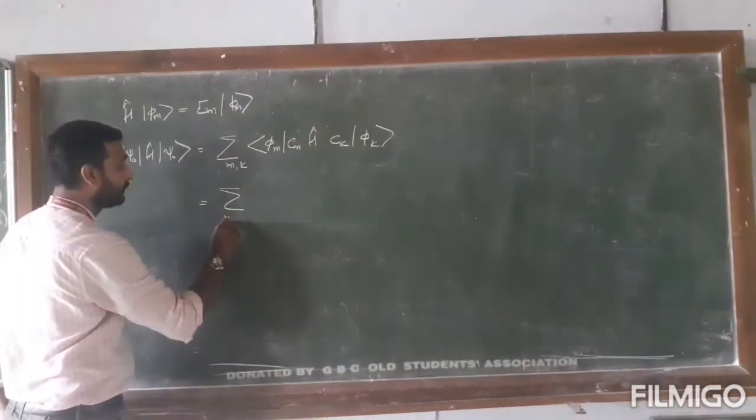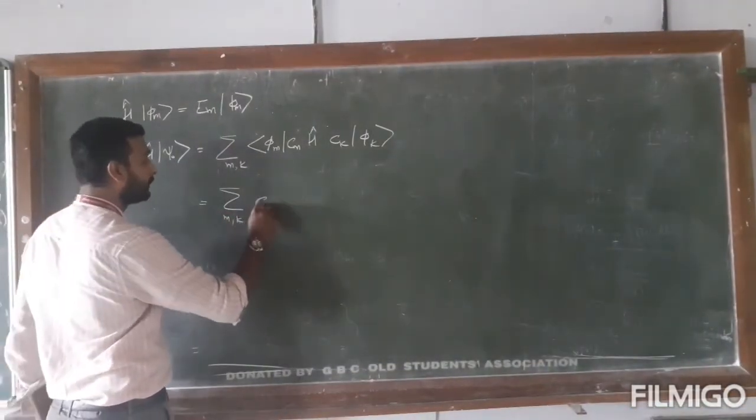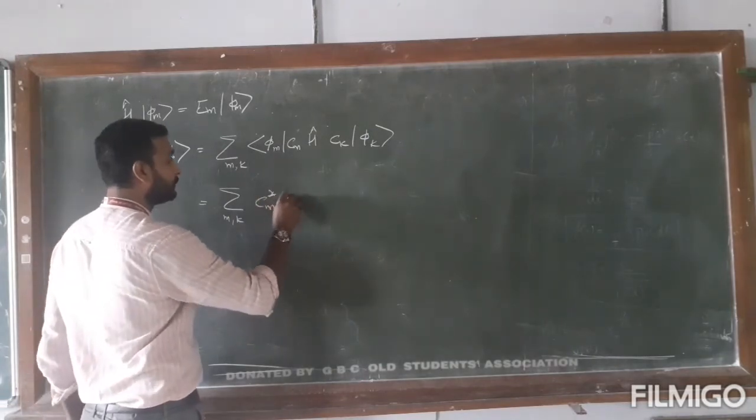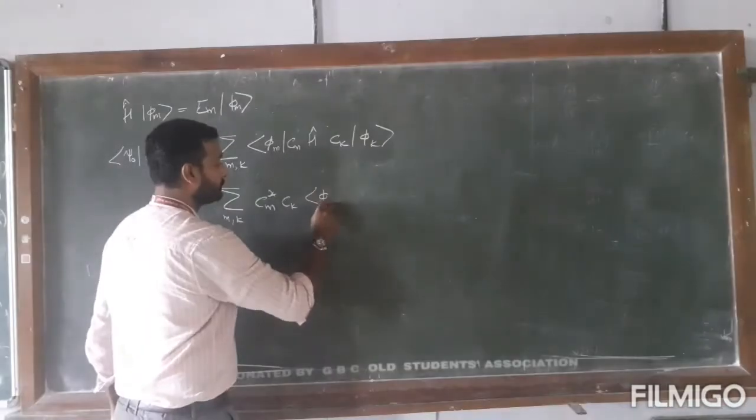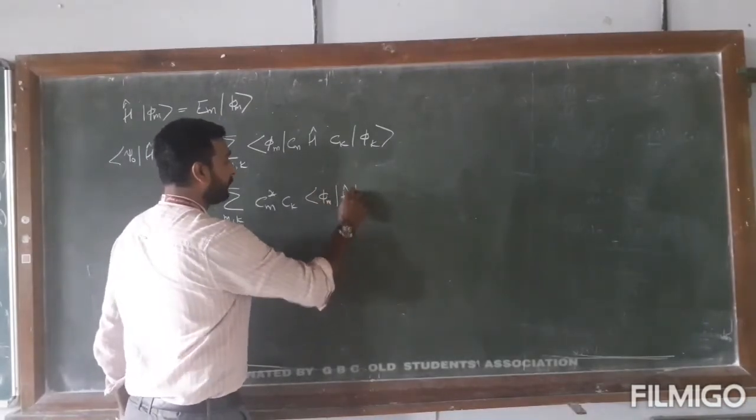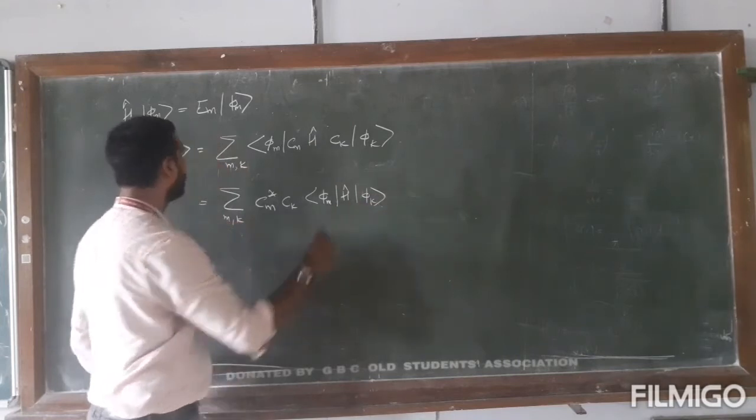The Cm and Ck can be taken outside, so sum over m, k, Cm* Ck ⟨phi m|H|phi k⟩. So how are we writing this?